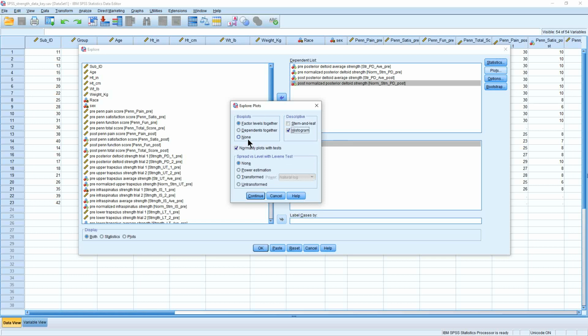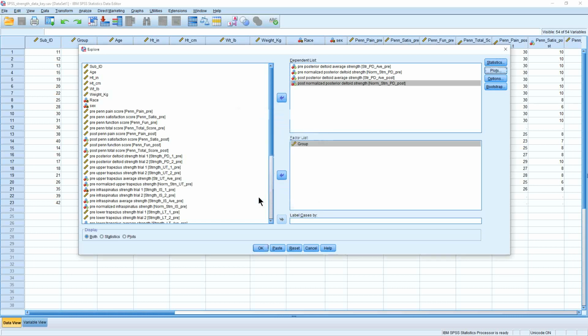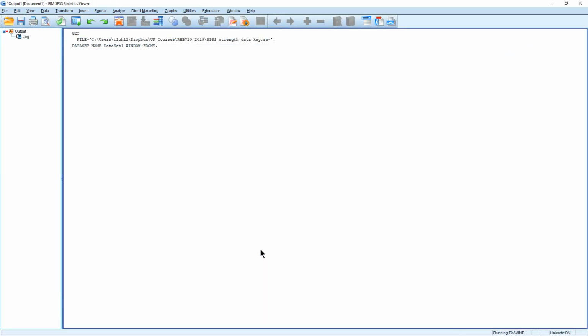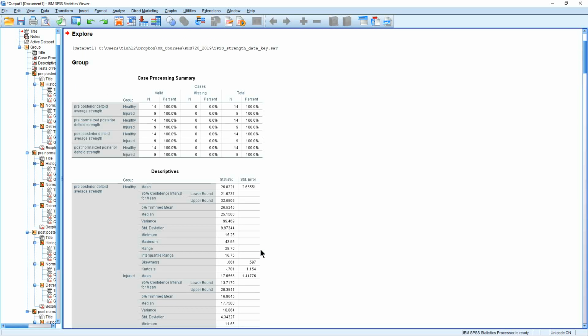Just like with Microsoft Word or Excel, there's 3 or 4 different ways to do basically the same task of copying or pasting. Same thing with SPSS. More than one way to generate a histogram. Okay, so now we hit continue, and now we hit OK. It takes a few seconds to run these analyses, and then it generates it.